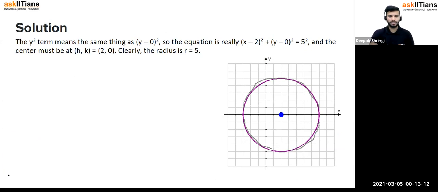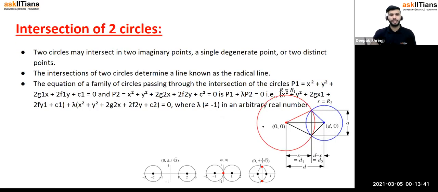This is the point 2 comma 0, the center. The radius is 5, so going 5 to the left from 2, you'll get minus 3 comma 0, and this is 7 comma 0. The distance between these two is 5, and the distance over here is also 5. So you can get the endpoints of the diameter as well. Got it? Is there any doubt? Let's move forward then.